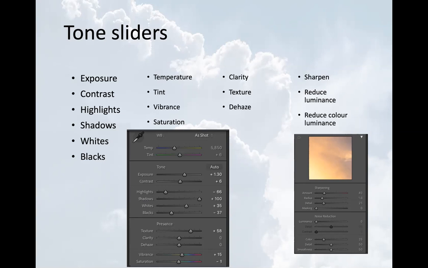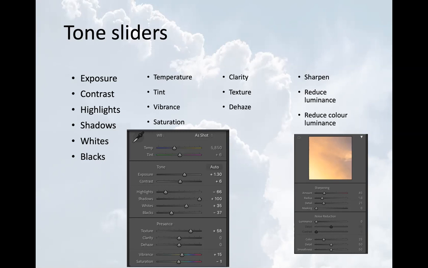The vibrance and saturation affect the colour, as do temperature and tint. And vibrance just makes it more vibrant. Saturation, you can go completely to the left and get rid of all the colours for a black and white picture. Go to the right and you just add more and more brightness into the colours.